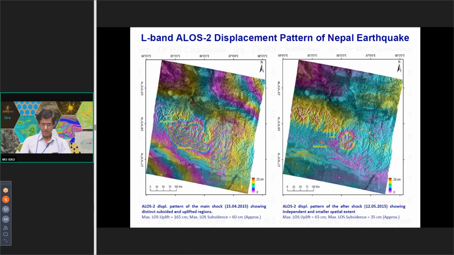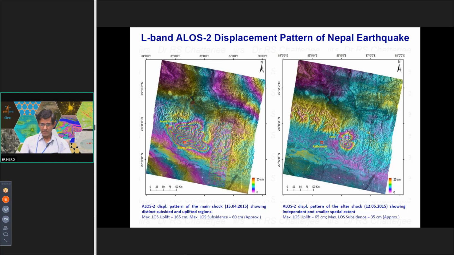The left side is 25th April, and on the right side it is the major aftershock on 12th May.